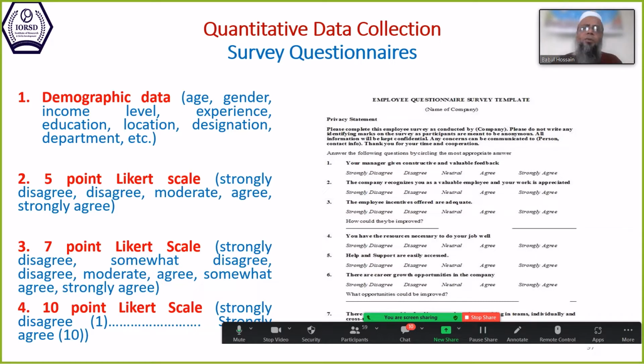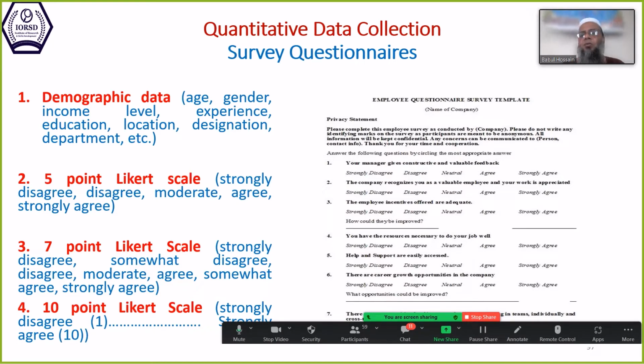It depends upon the researchers' understanding and to whom, from where they will collect the data. But nowadays the 10-point Likert scale is becoming more popular.